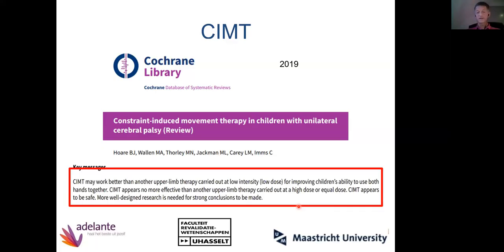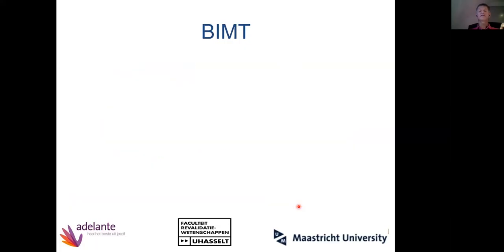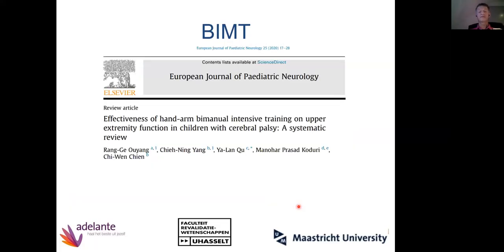It doesn't matter what other therapy it would be. So it could be home-based, it could be context-based, it could be neurodevelopment treatment, but that was not put in these studies. So constraint-induced movement therapy in high dose can be effective compared to low dose. But the bimanual therapy, we already know, has the same level of effects.